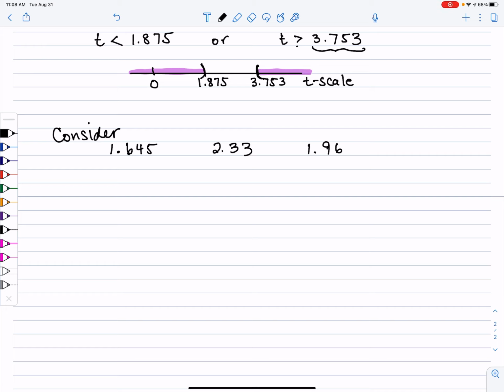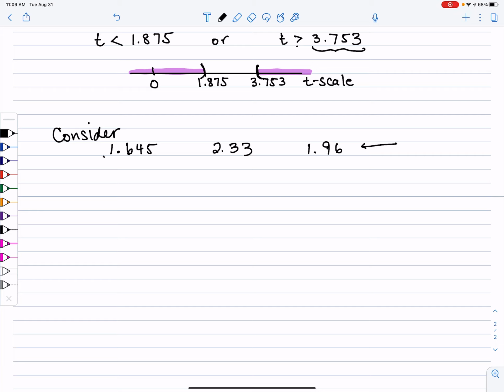What we want to do is represent these numbers using an inequality. The first thing we want to do is rearrange the numbers, the data values, from least to greatest.